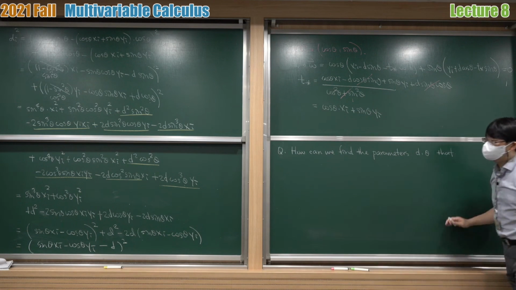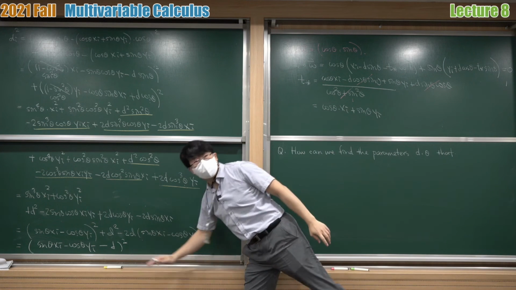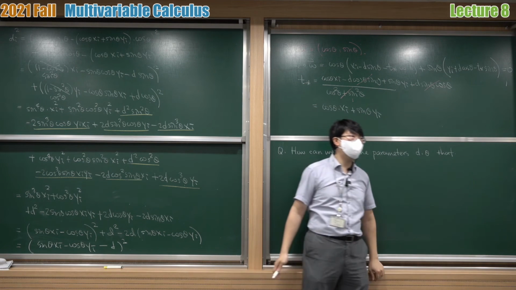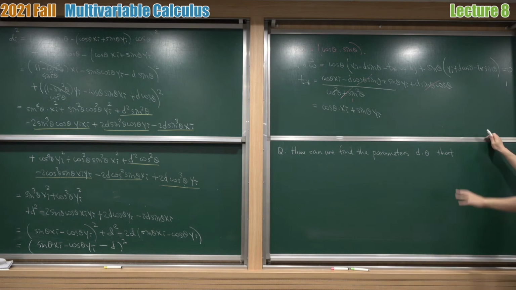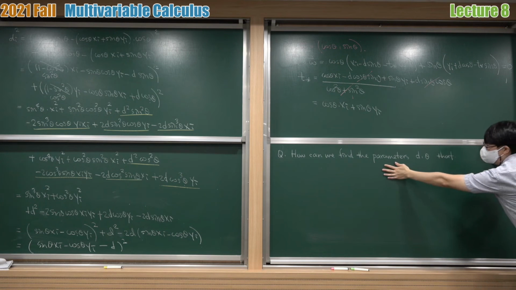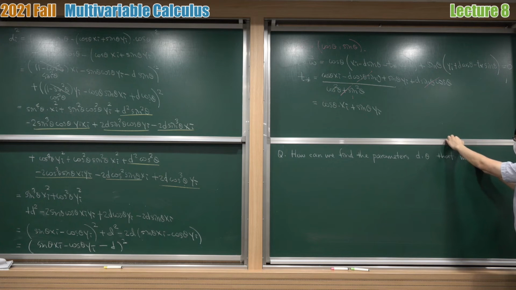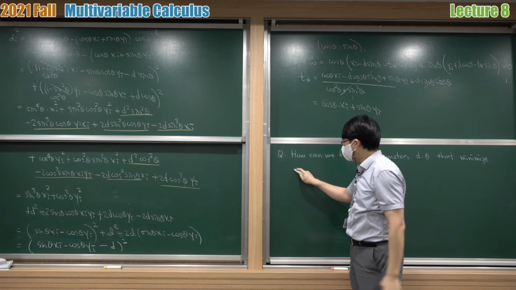Okay. So I want to minimize the sum of these squares for i from 1 to n. That's the meaning of best fitting in our definition. So how can you find the parameter d, theta that minimizes the sum?